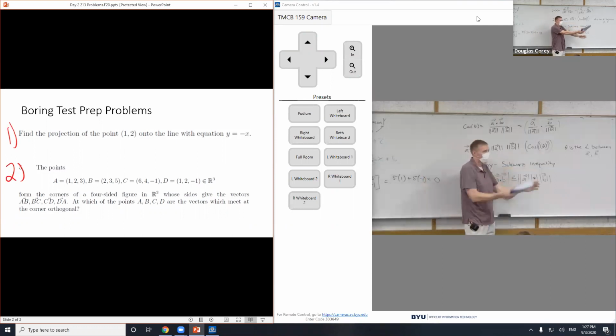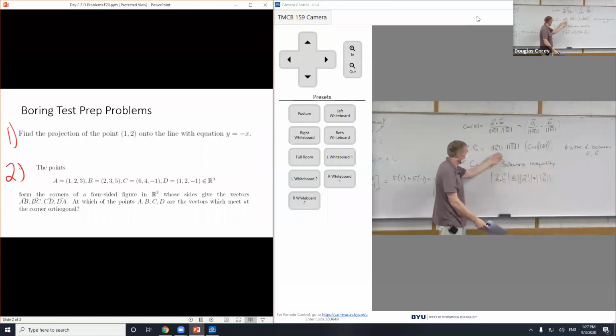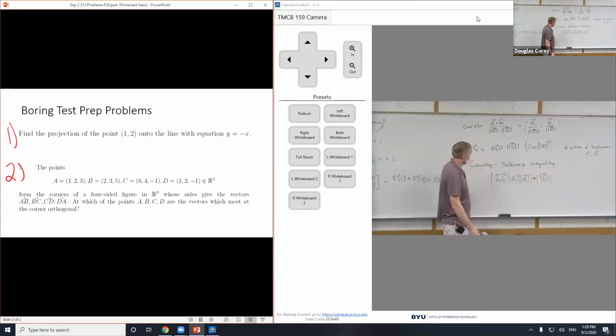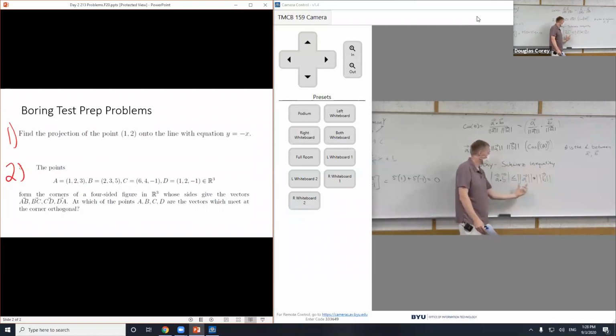But if they start to point in any other direction, the cosine will be less than 1, and the dot product will be smaller than this side. Did I do this wrong? Nope, I did it right, yeah.